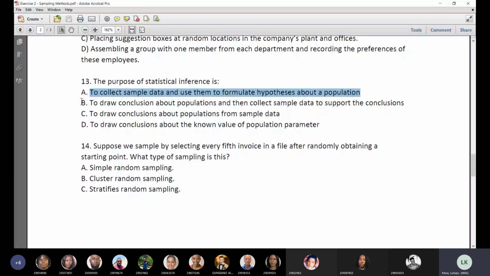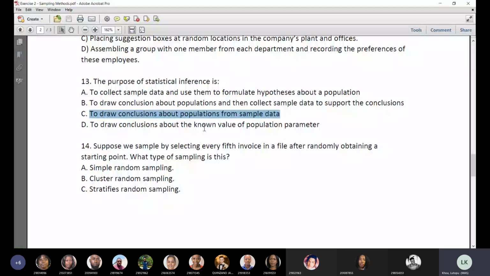Okay. C, to draw conclusions about the populations from sample data. Okay, I'm liking this one even more than A, because I'm not collecting data anymore, but I'm drawing conclusions about the population from sample data. And then D, to draw conclusions about the known value of a population parameter.